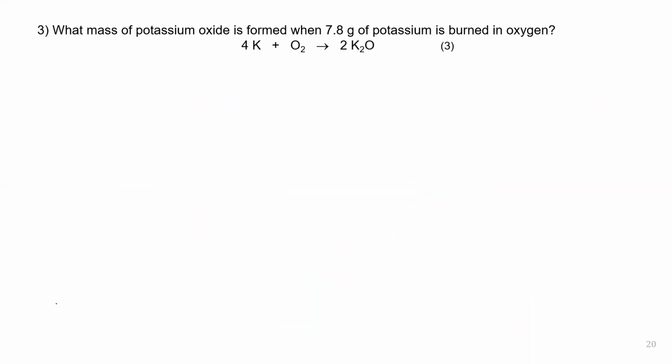What mass of potassium oxide is formed when 7.8 gram of potassium is burned in oxygen?